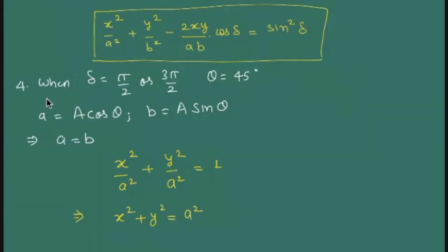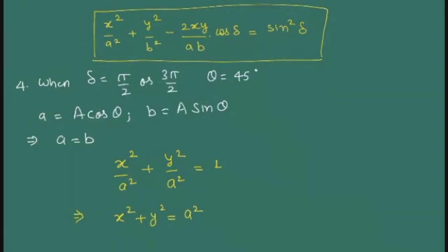Now, if d, the thickness of the plate, is adjusted such that delta becomes pi by 2, the fourth case, then delta is dependent on what? Delta is 2 pi by lambda into d into delta mu.